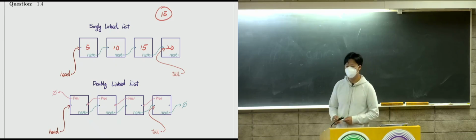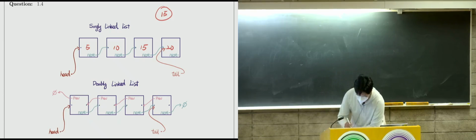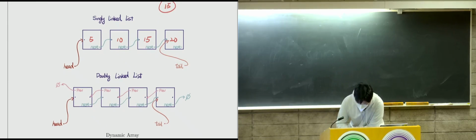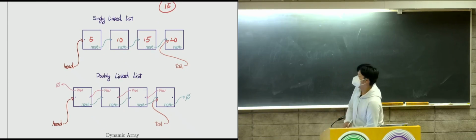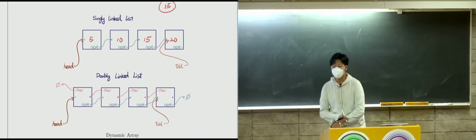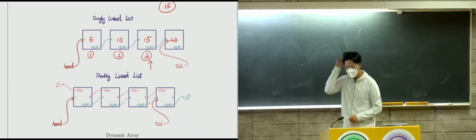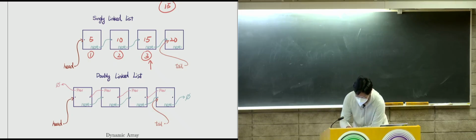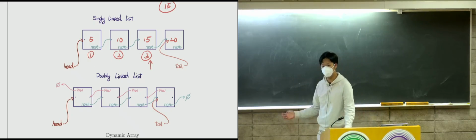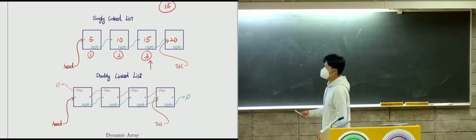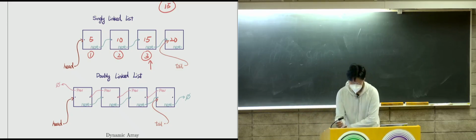Why? So it's still O(n) because the nature of the linked list forces you to start from the head. I search the first element, the second element, the third element. Okay, bingo, I found it here. I cannot skip anything, right? So right now it's still n, which is still pretty bad.